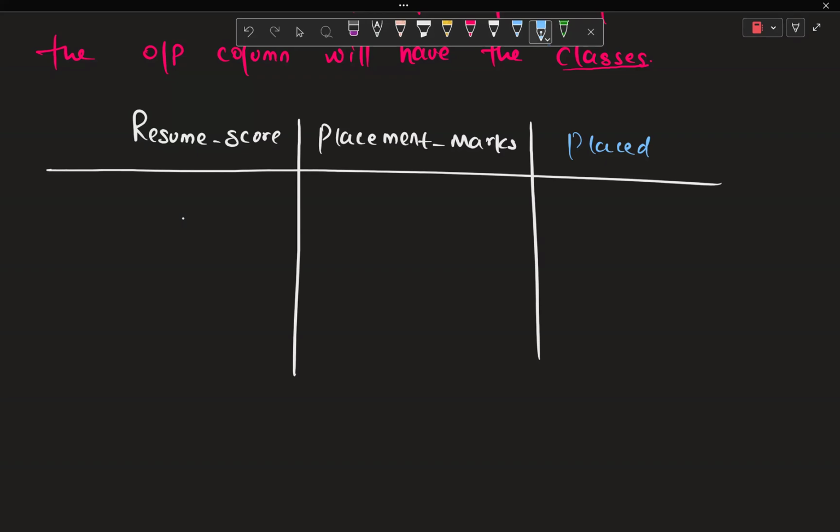So you can think like this: this is your output column, and these two are input columns.